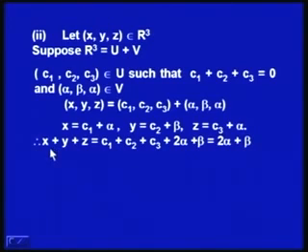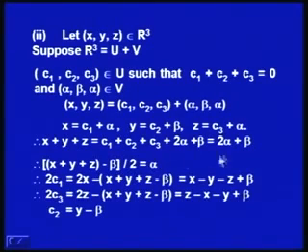And that means x plus y plus z is equal to c1 plus c2 plus c3 plus 2 alpha plus beta, and since c1 plus c2 plus c3 is equal to 0, x plus y plus z is equal to 2 alpha plus beta. And from here we can express alpha as (x plus y plus z minus beta) by 2.